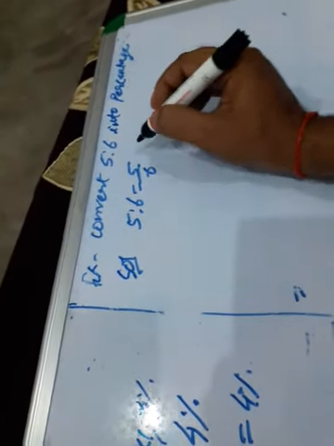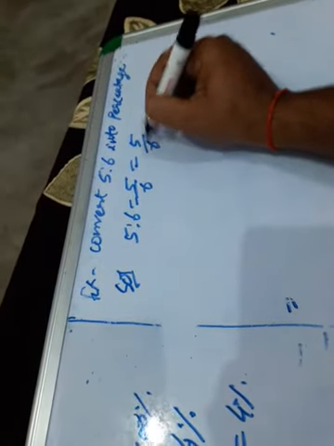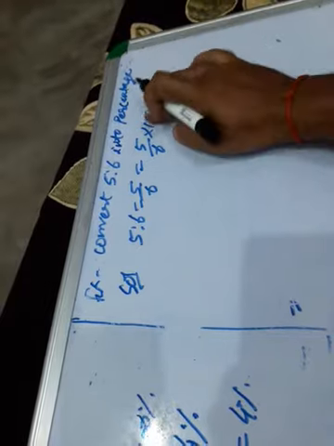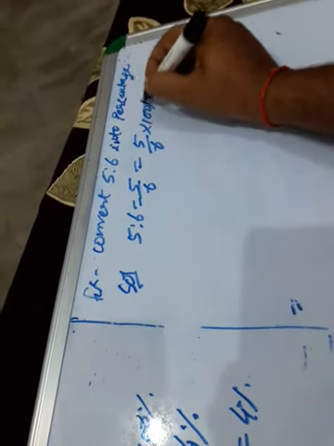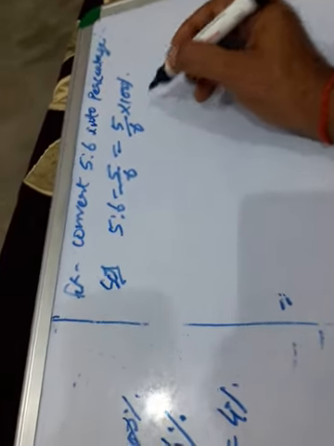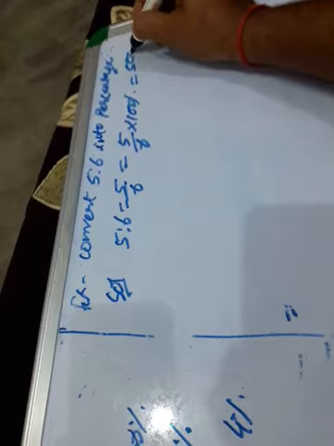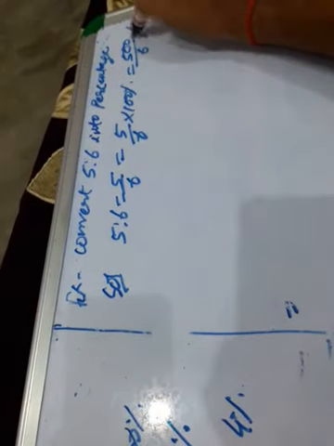Clear? What is 5/6? This 5/6, multiply it by 100%. Now you solve it and find the answer. That is equal to 500 upon 6%. Clear?